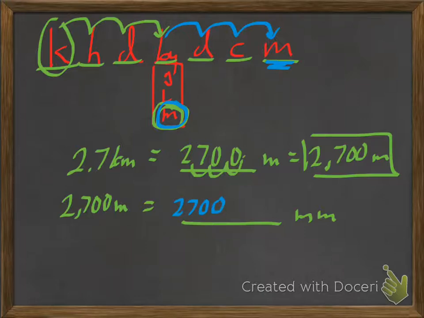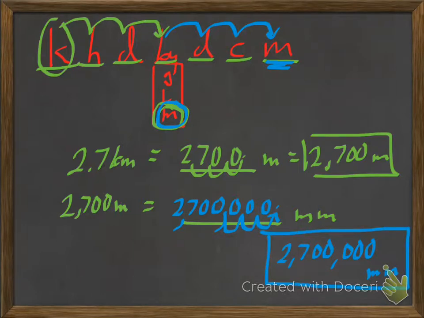There's no decimal in it right now, so I'm going to start right there, and I'm going to move that decimal 1, 2, 3 places to the right, and that's where it's going to end up. Again, I can't have any empty spaces, so I'm going to put zeros in, and if I put my commas in, it's going to be 2,700,000 millimeters.